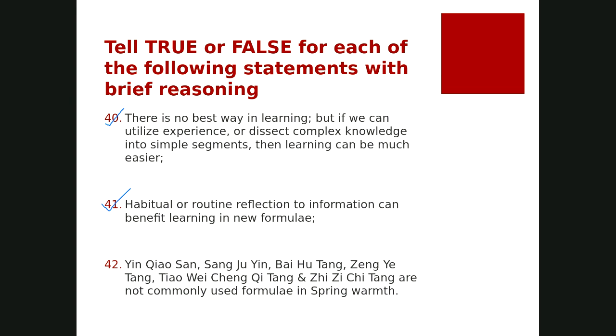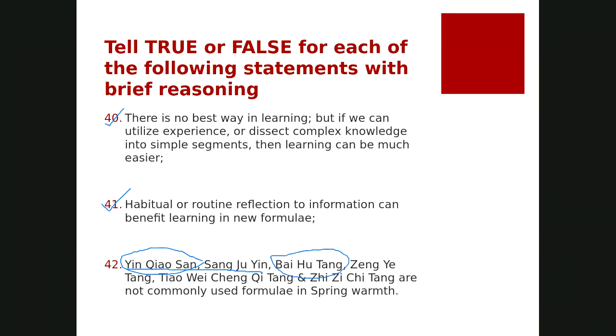Now, which two formulae are very commonly used for the heat in the wei level? First two, yes, good, we all know that one, wonderful. And which two are very commonly used for heat in the qi level? 银翘散 and 白虎汤.